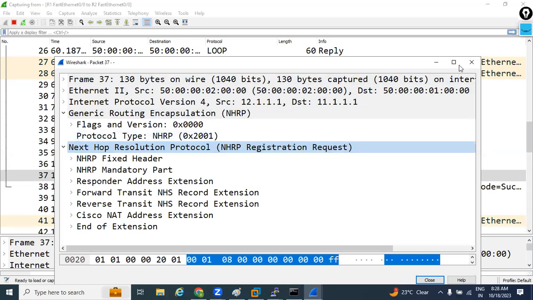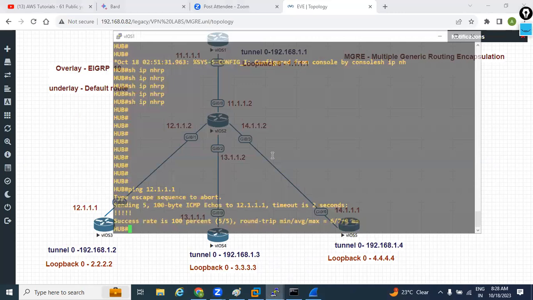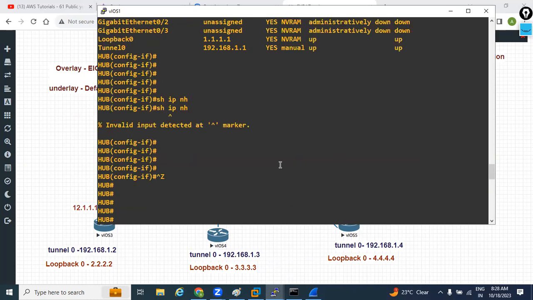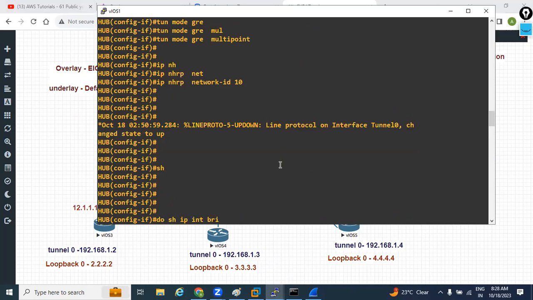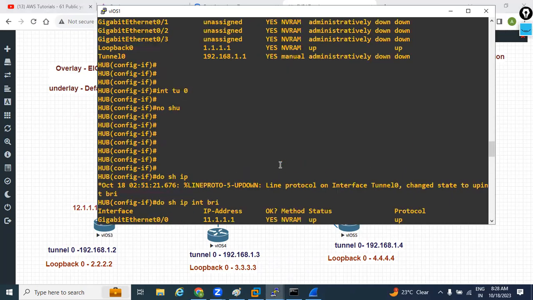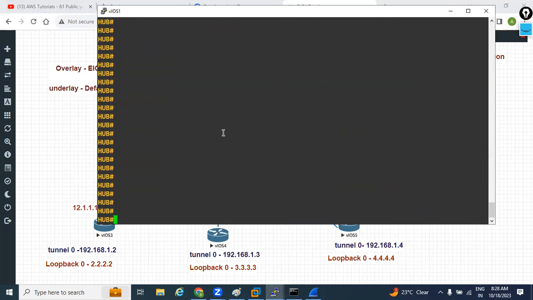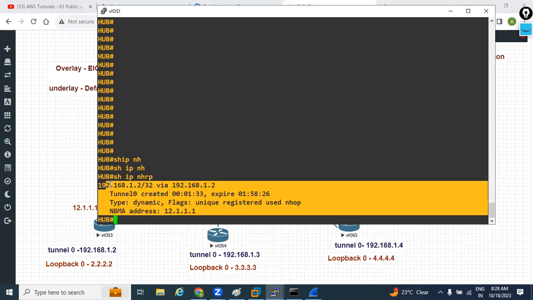Clear? Okay. Now, let's go back to the hub. Earlier, there were no entries in the NHRP table. Show IP NHRP now. It's updated.